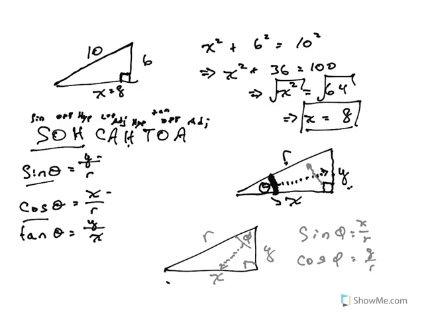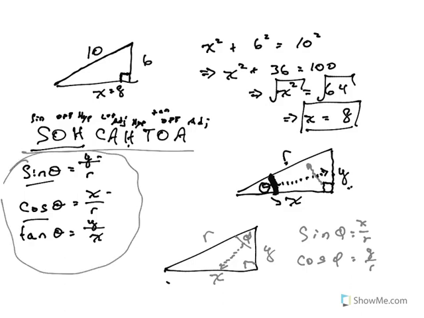So you have to be very careful. Remember Sohcahtoa, sine is opposite over hypotenuse, and then look at the triangle and see which side is opposite. That's the side which goes away from the angle. And which side is the adjacent side? That's the one that's right next to the angle. And of course the third side is the hypotenuse. But if you remember Sohcahtoa, it's easy to remember these relationships here.